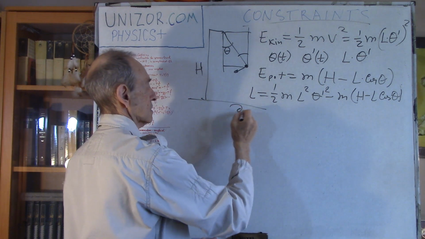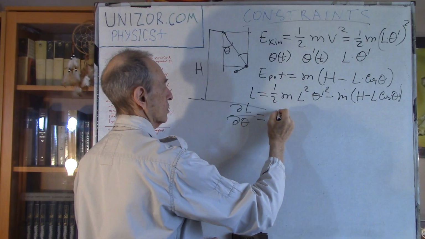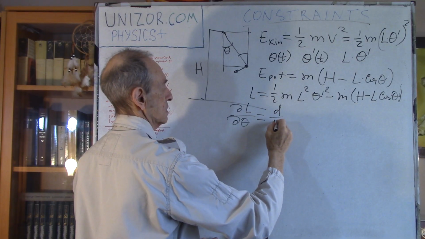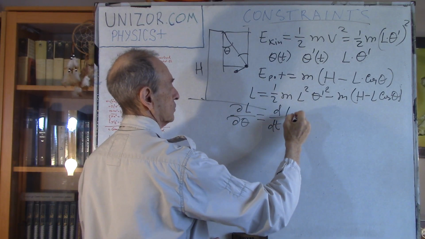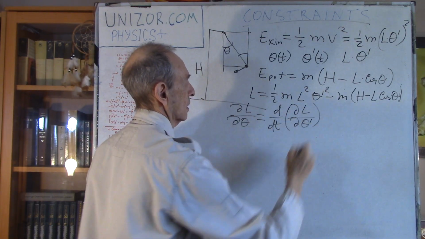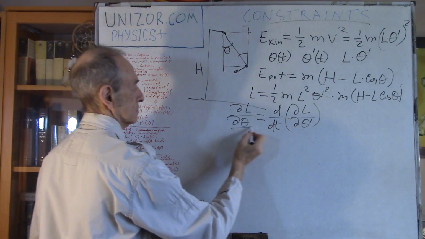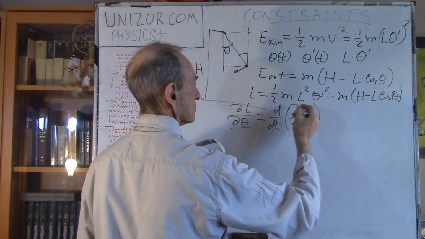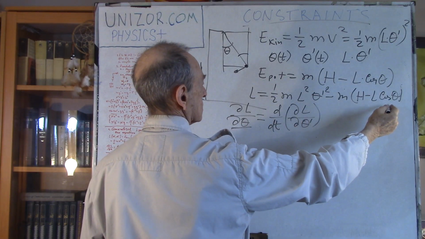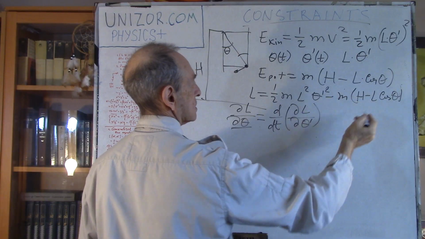Now we have to construct dL by d theta is equal to d by dt of dL by d theta prime, which is very easy to do. This one basically depends only on this guy, right? This is a constant, so it's minus and minus, so it's plus.